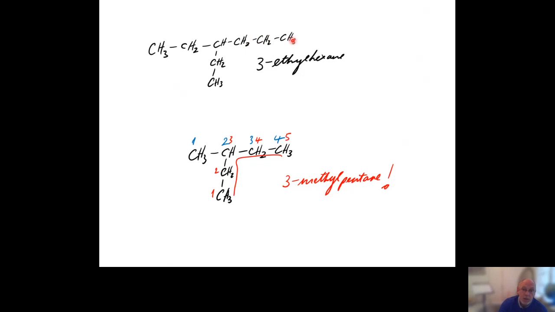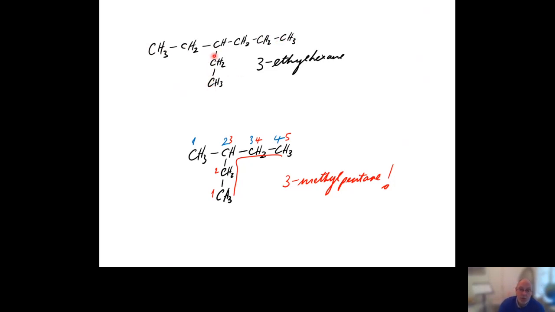But look at this. If you number from here, 1, 2, 3, 4, 5, 6, you get 6. But if you started numbering down here, 1, 2, 3, 4, 5, 6, you also get 6. It doesn't matter whether you start numbering here or here. Either way, you're going to get exactly the same name.